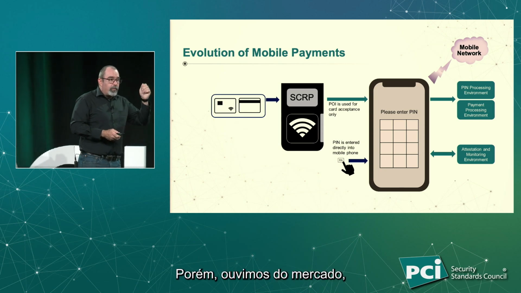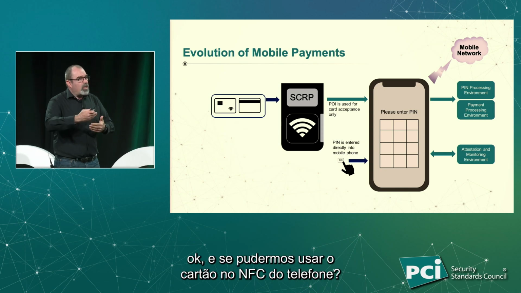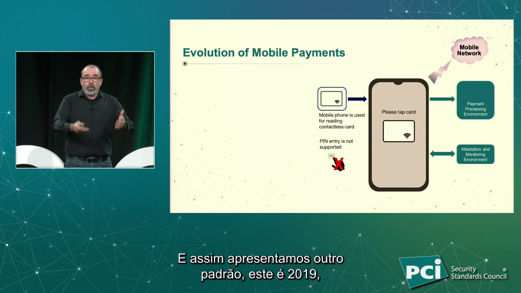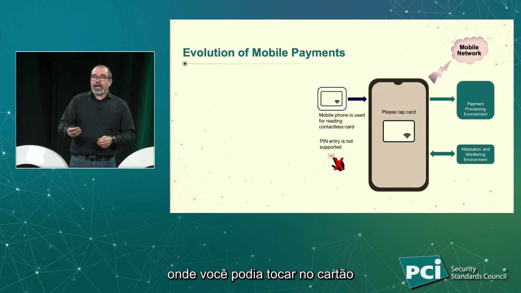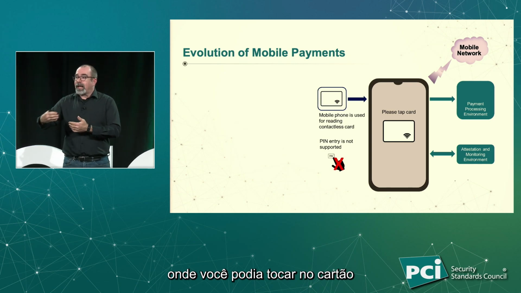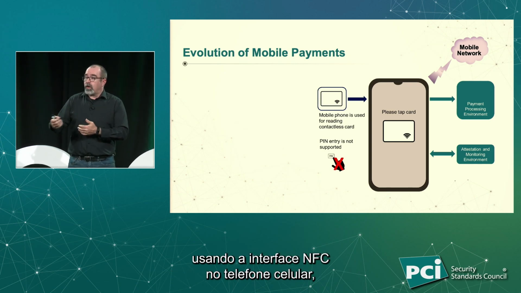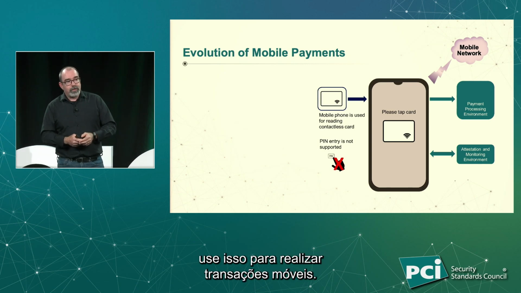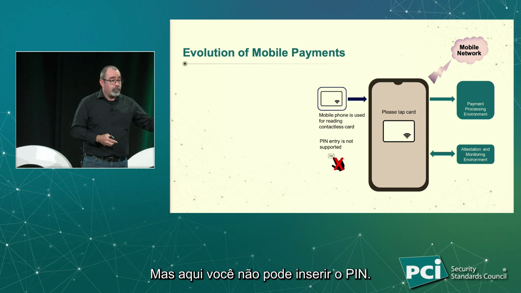But we heard from the market, okay, what if we can use the card on the NFC of the phone? And so we introduced another standard, this is 2019, where you had the ability to tap the card using the NFC interface on the mobile phone, use that for performing mobile transactions. But here you couldn't enter the PIN.